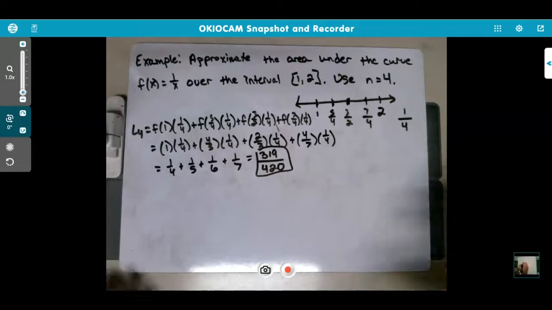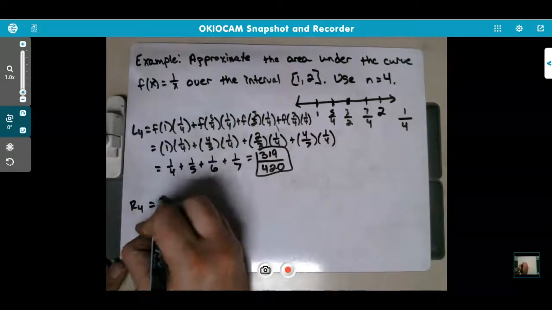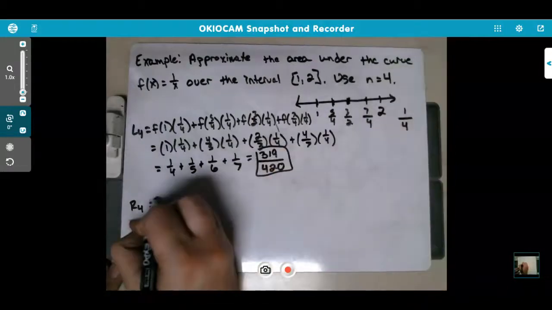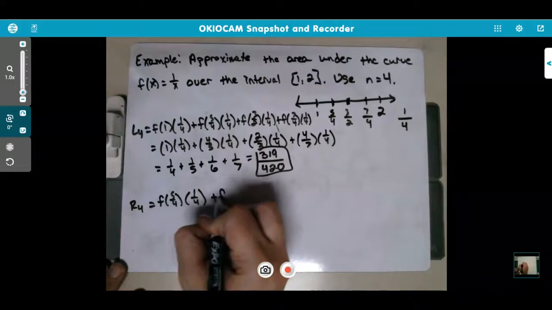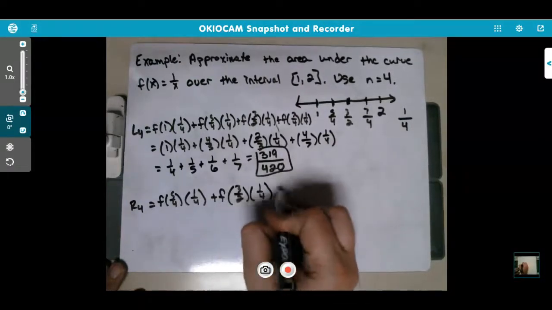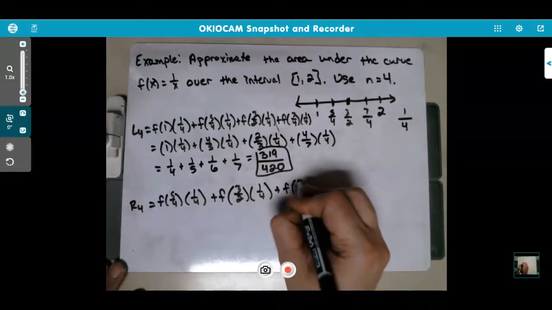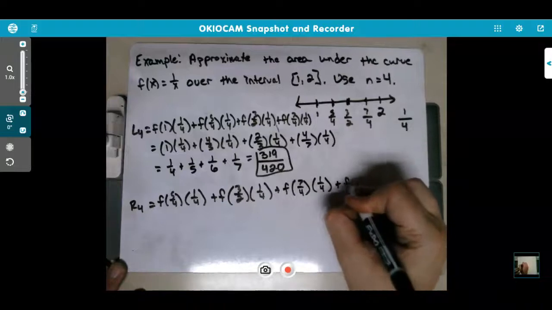Now do the same thing using the right-hand side. R4 is equal to, now I'm using all of the right points. So 5 over 4 is first, times 1/4. Plus, then do 3 over 2, then do 7 over 4, and then do 2.